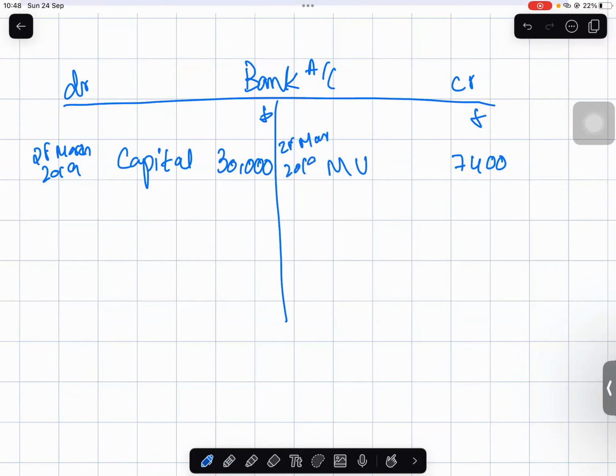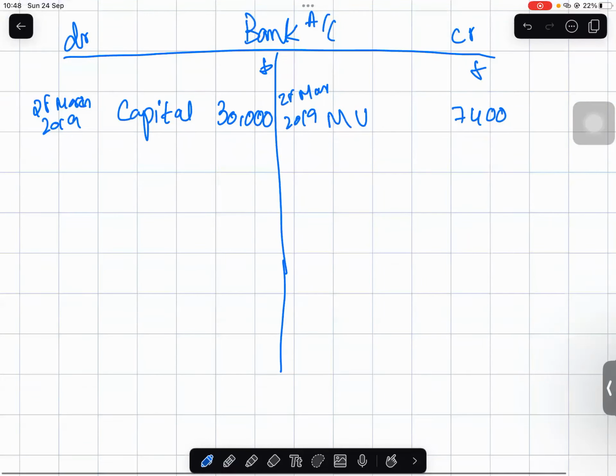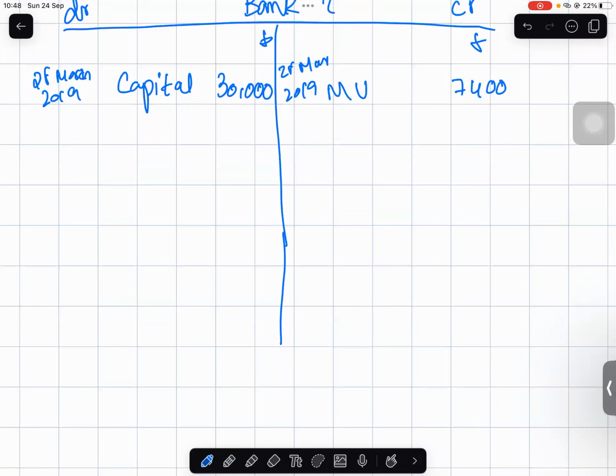After this, they tell us that in addition, he paid for shop fittings 2,900, purchases 7,100, and half the rent for April for the shop 2,000. So all of this is on the same date, so we will write the same date here. Then we'll write rent was paid for 2,000.